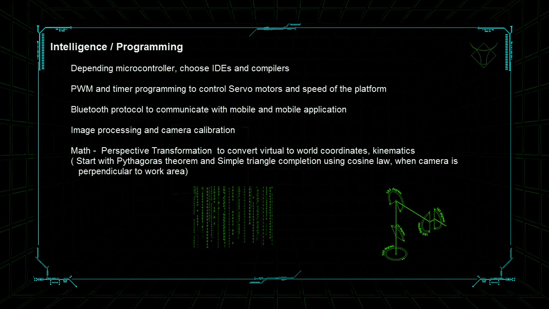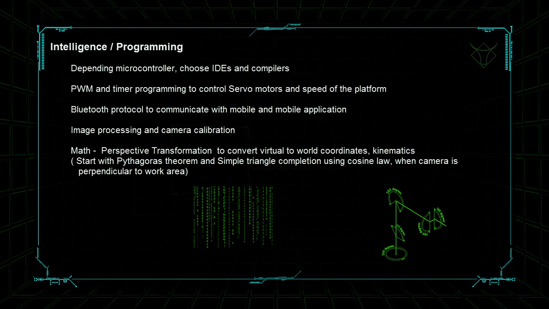Programming involves image processing to determine the objects in the work area, and microcontroller programming to drive the robot towards the objects and manipulate the robotic arm to pick the object. For image processing, you could write your own function to read the image and perform operations on it and determine the objects, or we could use APIs like OpenCV, which is available for free, in order to get the object locations and all.